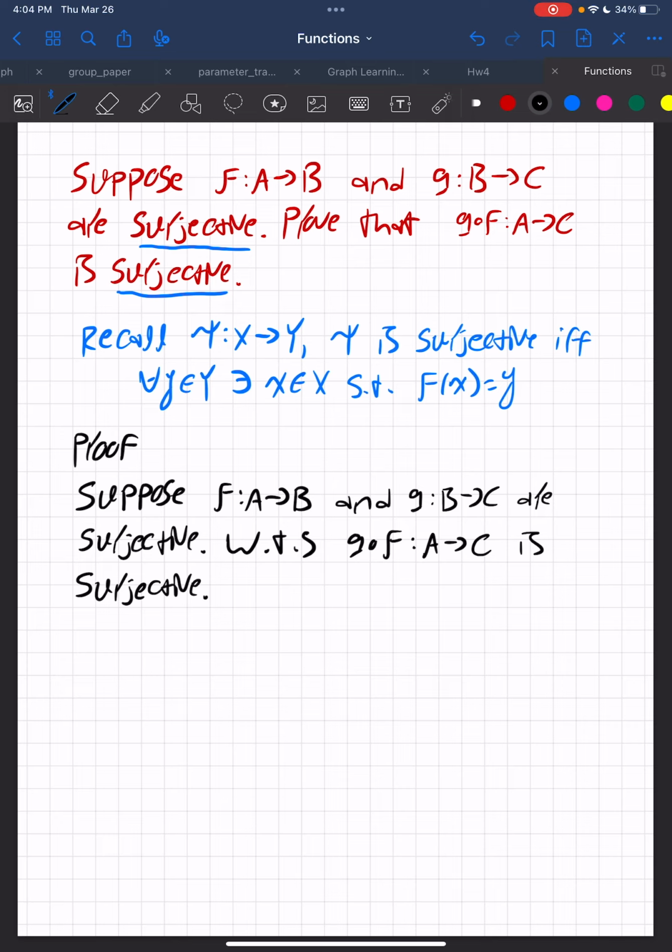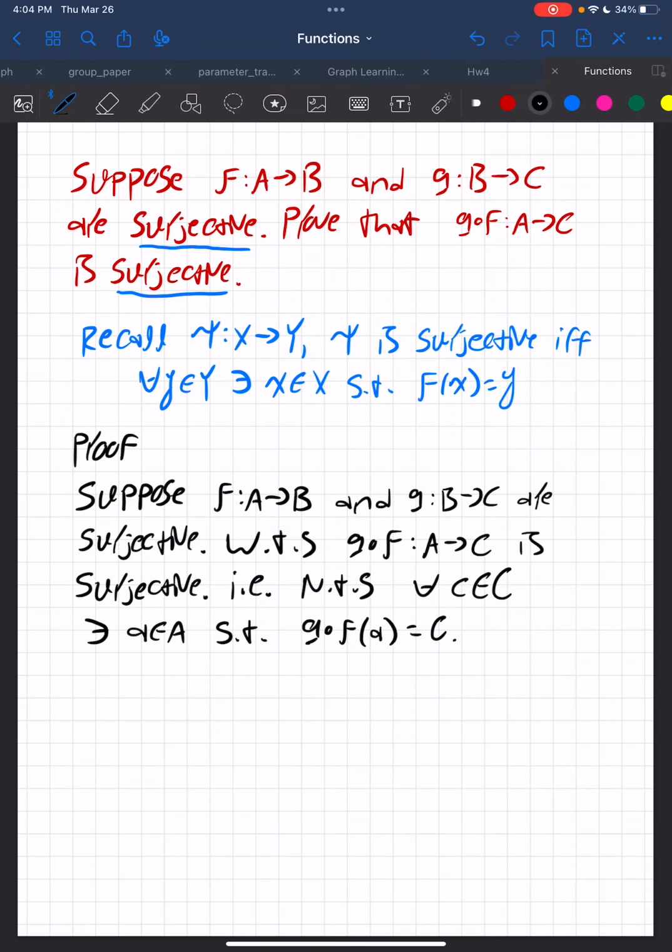So let's re-express what we're trying to show in this more mathematical form by using the definition. I.e., we need to show for all c in C, there exists a in A such that g composed with f of a equals c.